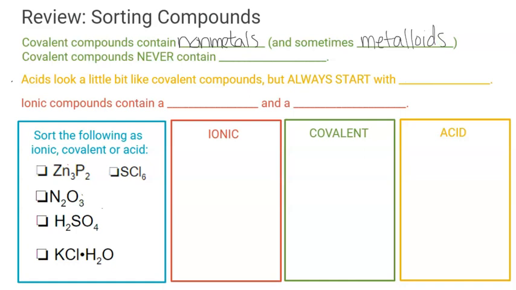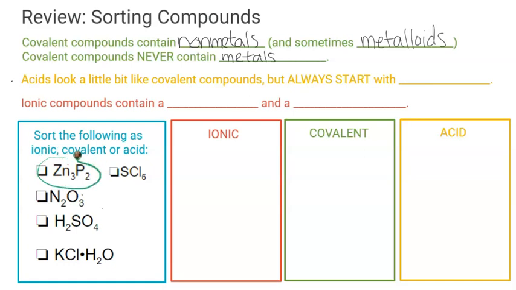Covalent compounds never ever contain metals though, and that's primarily how we can tell them apart from ionic compounds. They will never ever have metals in them. So looking down at this list of compounds, we can start by just looking for the covalent compounds.